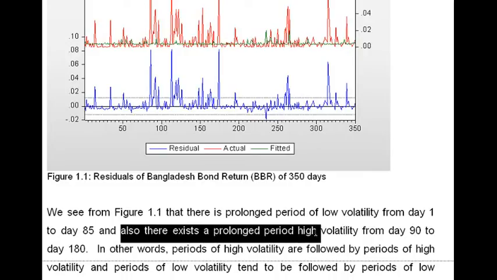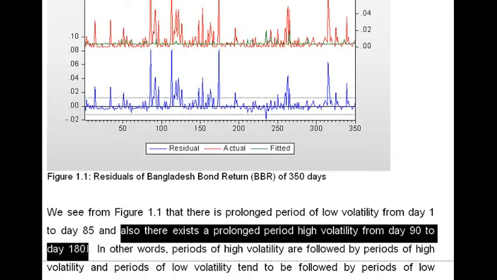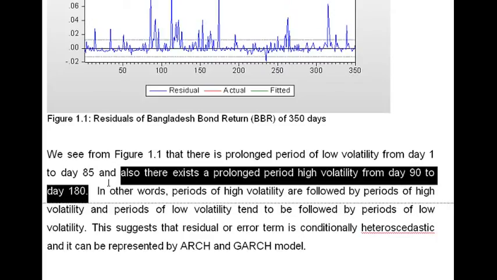What does it mean? It means that you can see from here, from day 1 to day 85. Okay, the horizontal axis is all days, day from 1 to 350 days, right? From 1 to 350 days.